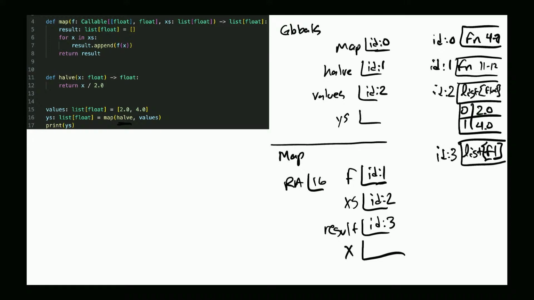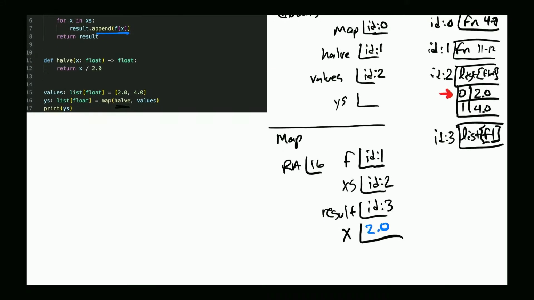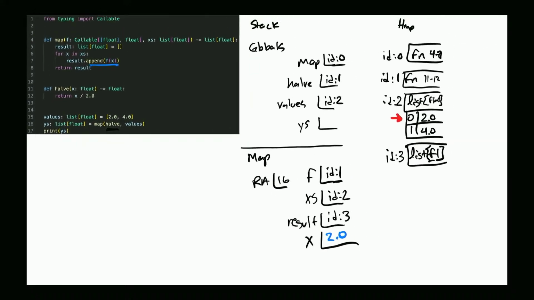So a for-in loop is always going to start with the first value. So if I just draw a red notice here, the first value in this list is going to be 2.0. So the first value of x, when the first iteration of this for-in loop runs, would be 2.0, right? And then we reach line 7, where we have to evaluate a function called f with x. So what is f of x? Well, I've got to give myself a little bit more space here.